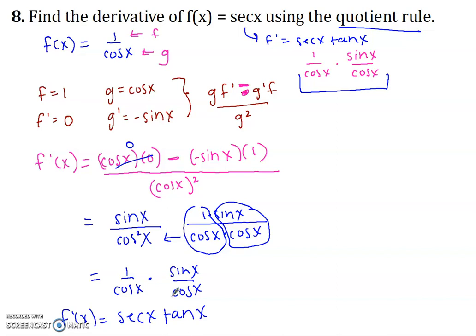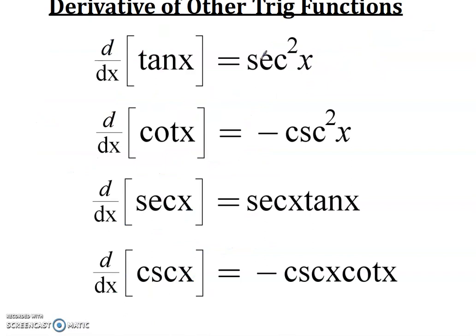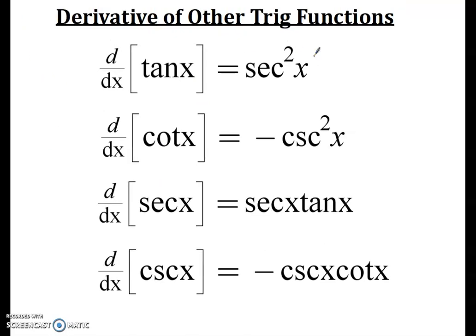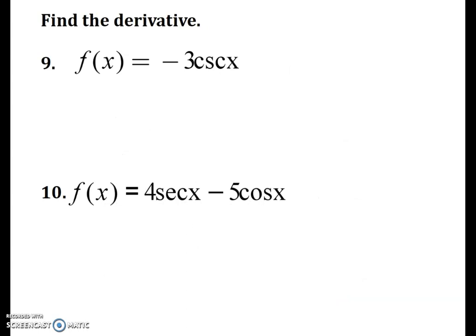So our final derivative is going to be secant times tangent. So these two that we just did, these are the proofs for why the trig derivatives are what they are. Now for the rest of them, they're not going to say use the quotient rule, they're just going to say find the derivative. So when they say find the derivative, we can just look at our derivative sheets and take the derivative from there.